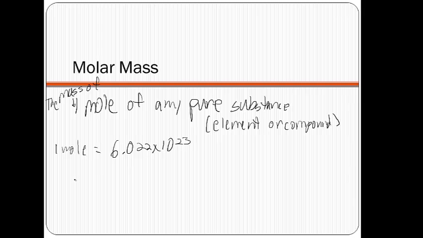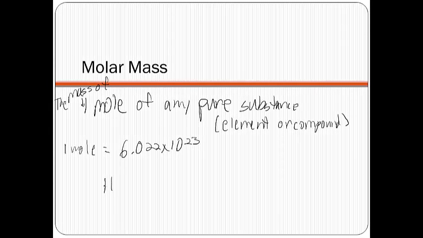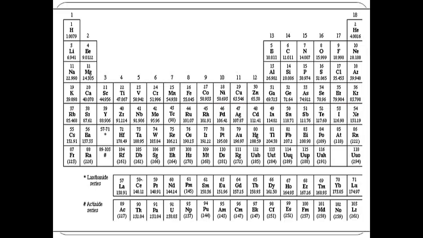How we do this is, let's say that we want to look at the molar mass of hydrogen. We say that we have 1 mole of hydrogen, and what is that equal to? If you look at a periodic table, we've talked about these numbers down here as being the average atomic mass.